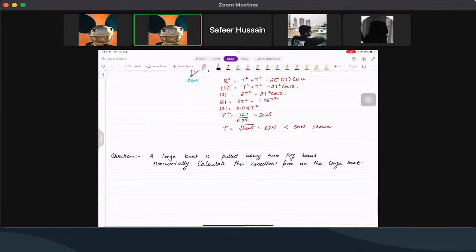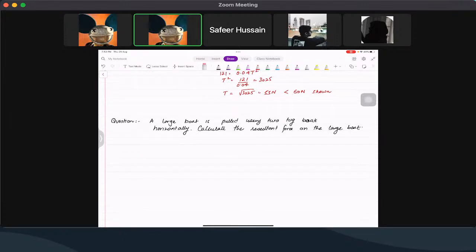And they have also given the diagram. This is the large boat they have shown, and then two tugboats, small ones, and they have given this angle as 30 and this angle as 30 as well.